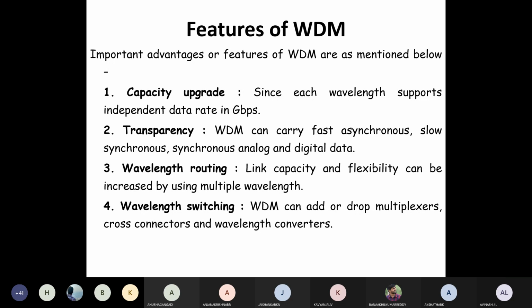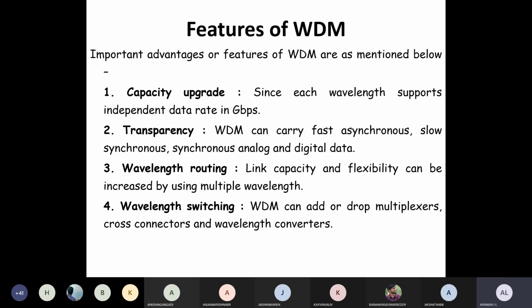So there is a provision for wavelength switching. Consider lambda 1, lambda 2, up to lambda n at the transmitting side. Similarly at the receiving side, lambda 1, lambda 2, lambda 3, up to lambda n, the signals are available.